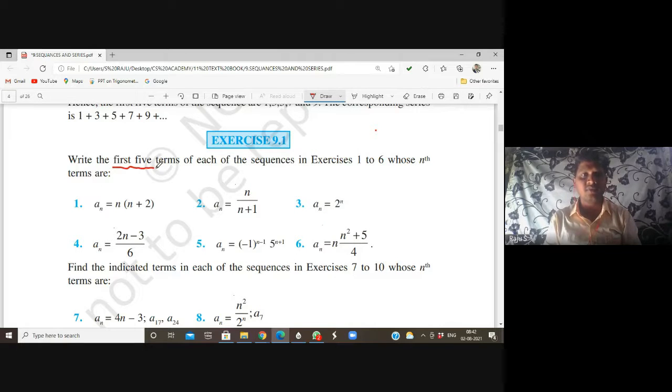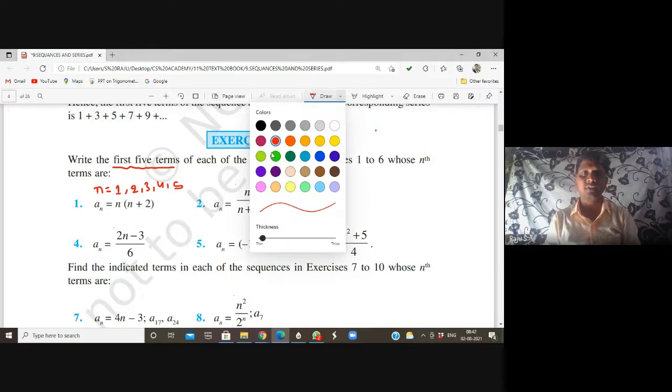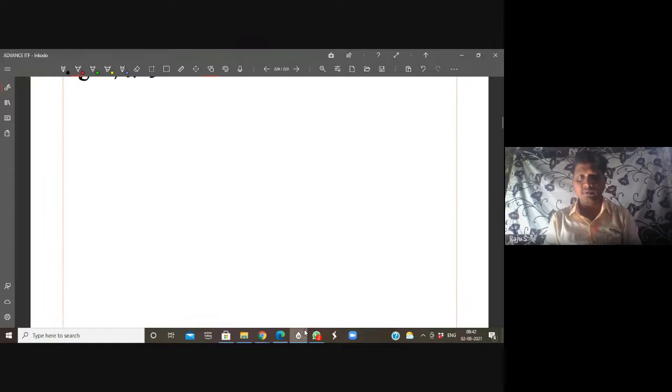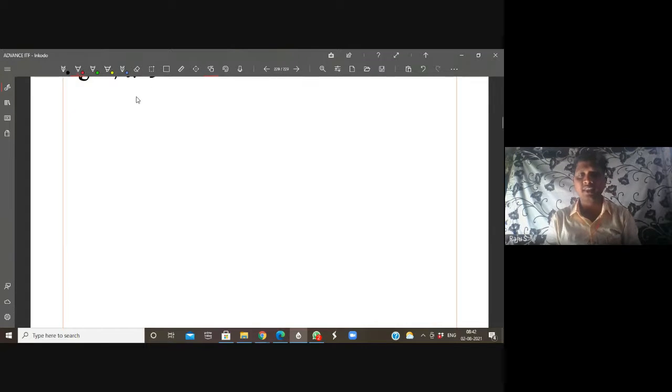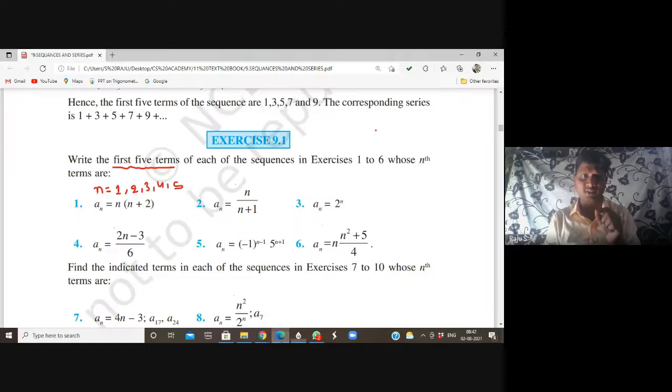Nth term is given; substitute n equal to 1, 2, 3, 4, 5 and we get the first five terms. Try to understand the concept, but NCERT problems are very, very easy. Only the last exercise and the miscellaneous exercise have more problems, and a few are lengthy but easy. The first exercise is very, very easy.